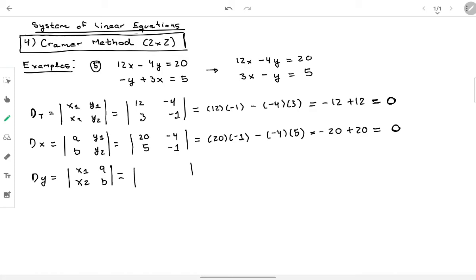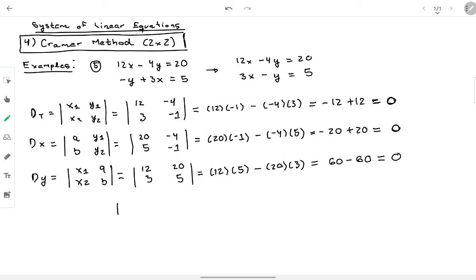On the other one, it's going to be 12 and 3, and 20 and 5. So let's see. It's going to be 12 that multiplies 5 minus 20 that multiplies 3, so it's going to be 60 minus 60, that will be also 0.